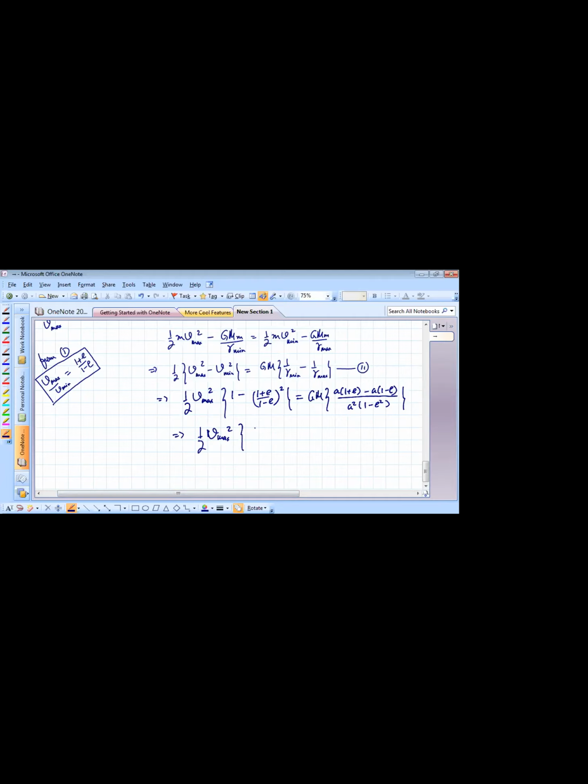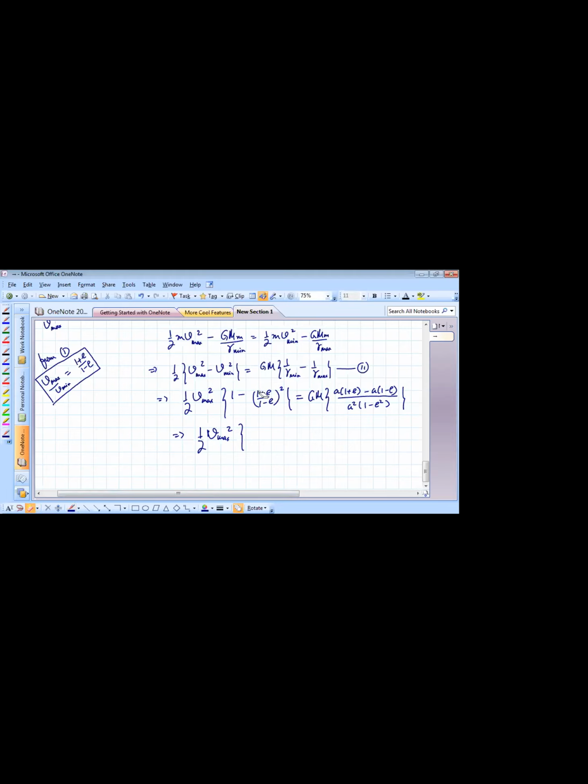So 1 minus e whole square minus 1 plus e whole square. Oh, sorry, this is reverse. V max is, so my mistake here.